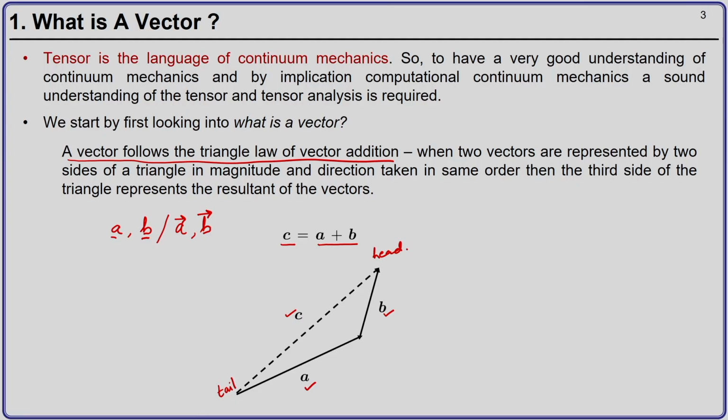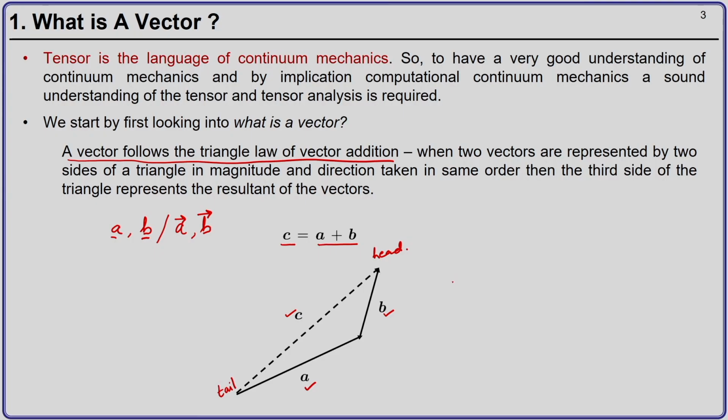But what is the drawback here? The drawback is you need at least two vectors to define what is meant by a vector.